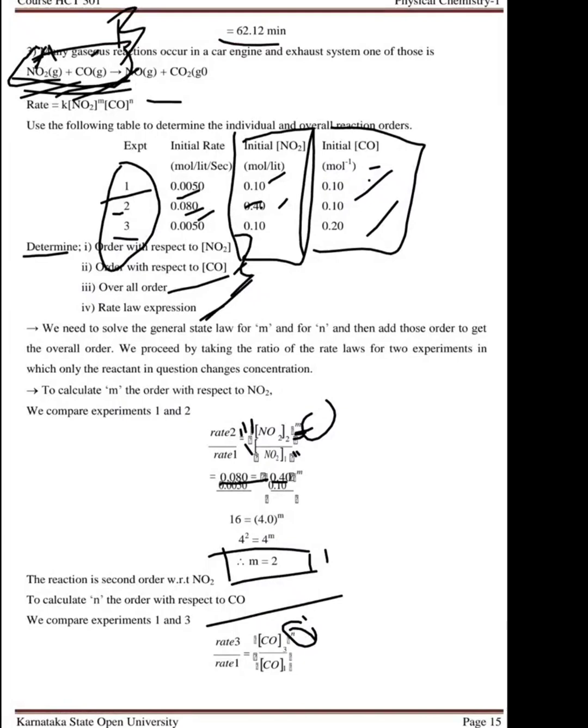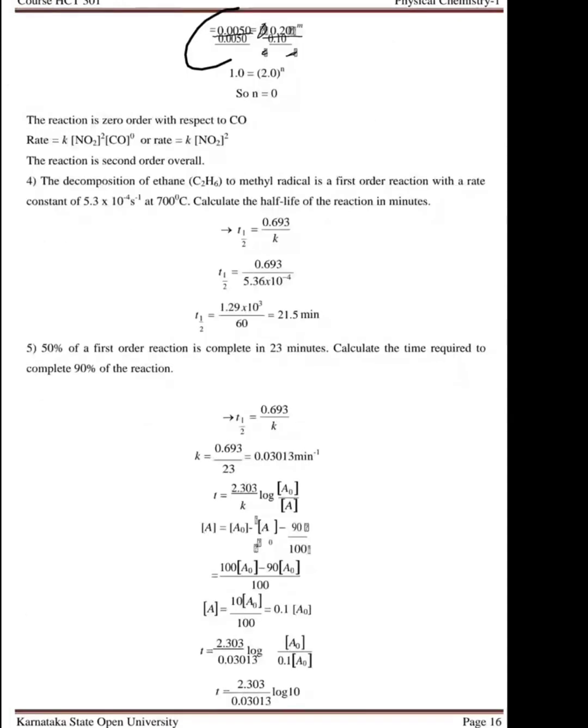What is rate 3 by rate 2? Rate 3 is 0.0050, divided by rate 1, which is also 0.0050. This is what we have taken here.